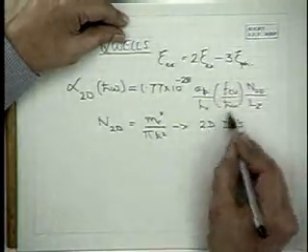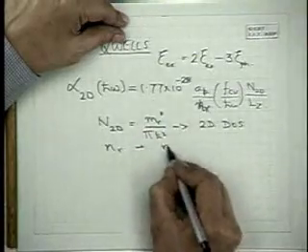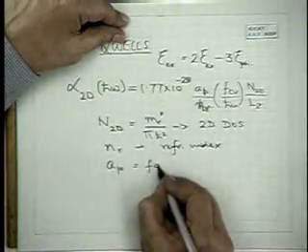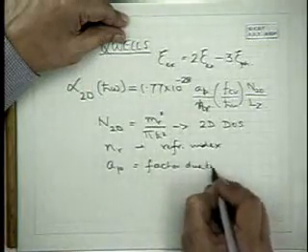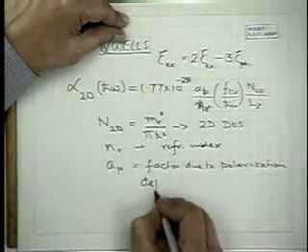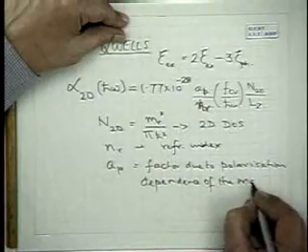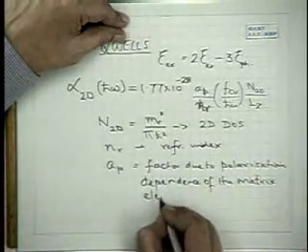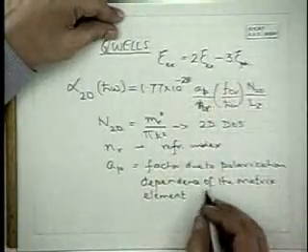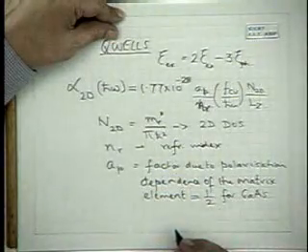FCV is the oscillator strength, h cross omega is the energy, NR is the refractive index, and AP is the factor due to polarization dependence of the matrix element which governs the transition probability from the valence band to the conduction band, and this is equal to half for gallium arsenide.